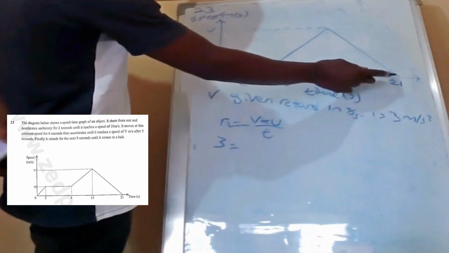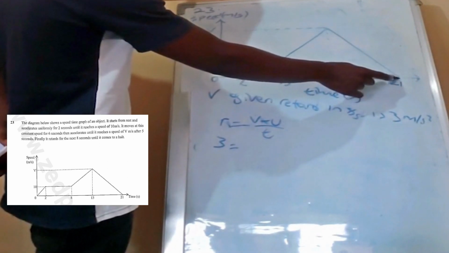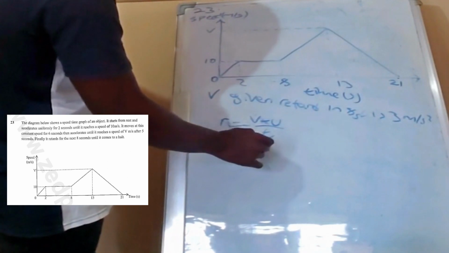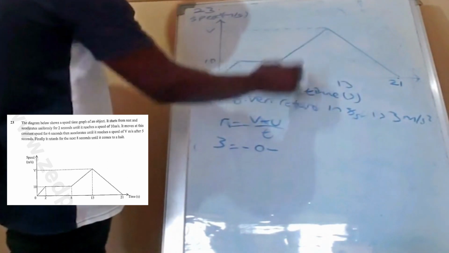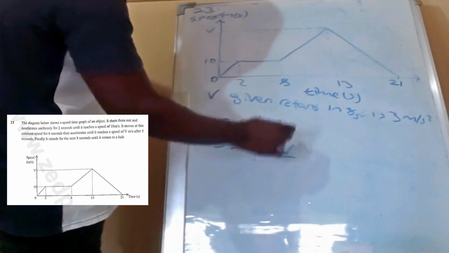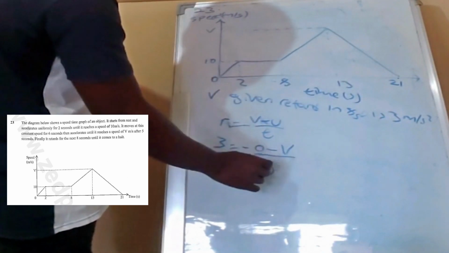What is our final velocity? Our final velocity is 0. So negative (0 minus V), since our initial velocity is V, over how many seconds did it take? Last 8 seconds, so 8.